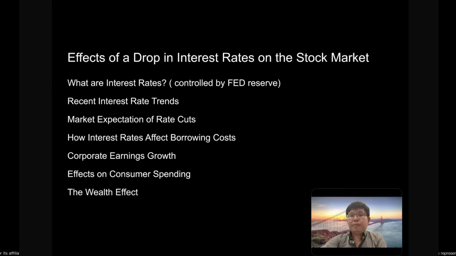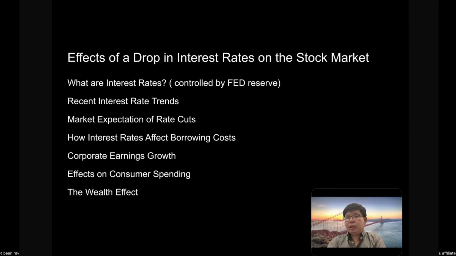Okay, so we will see some of the effects of the interest rate drop on your stock market. These are the summary of what we will be going through. What are interest rates? For this, I'm speaking on the US side, controlled by the Fed Reserve.